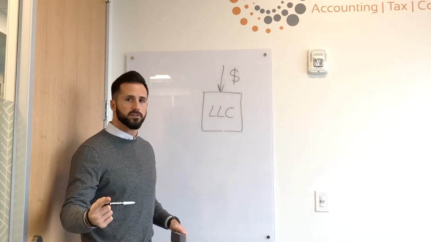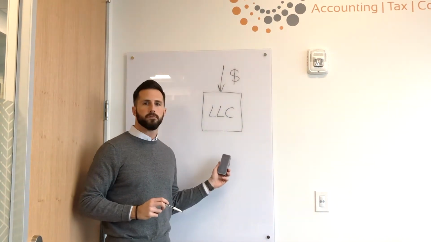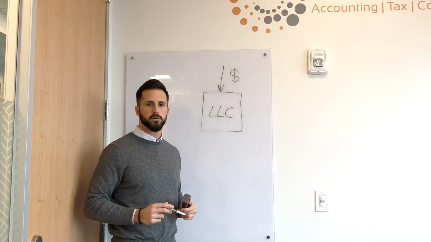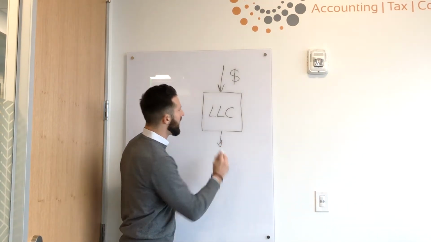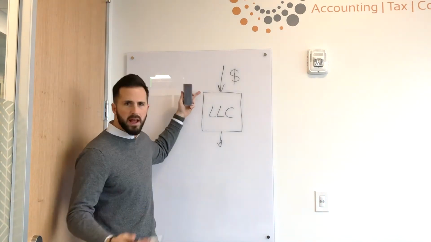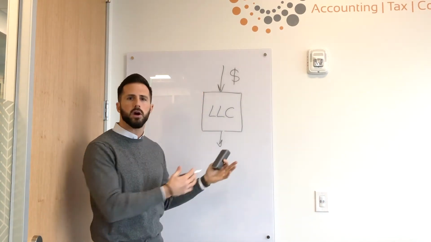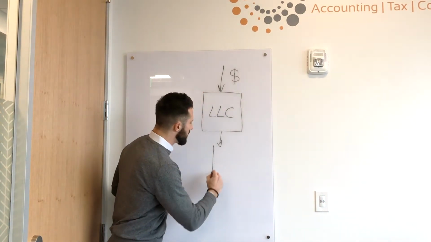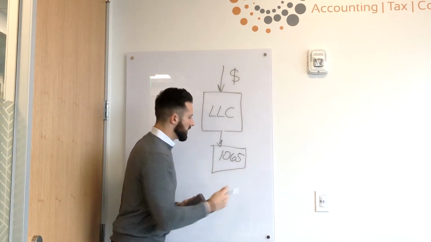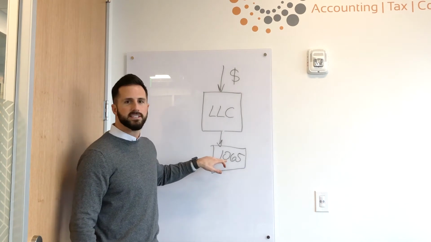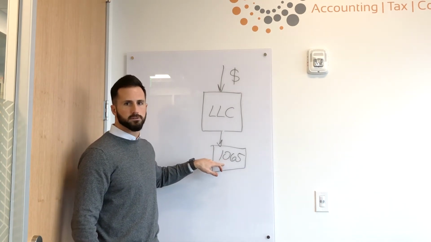There is one additional step where you're going to have to file what's called a partnership tax return. That's a 1065. So, as you generate income and expenses, depreciation, whatever's going on in the business, you're now going to have to file a 1065 partnership tax return.